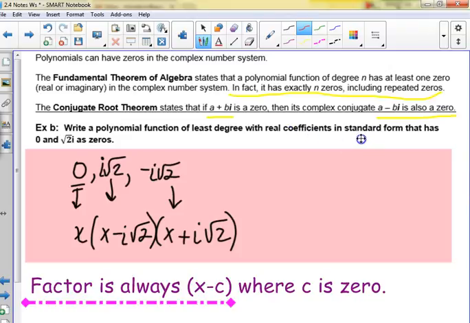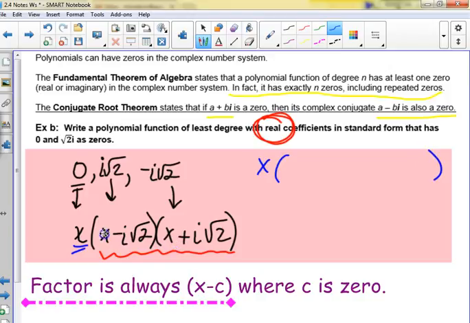What does it say though? Standard form, and guys, I am not going to be requiring standard form, but I am going to require this. Do we have all real coefficients in this problem yet? No. Okay. To make this real, we need to FOIL this together. Okay, so there's an x out front. I'm just going to leave the x out front.